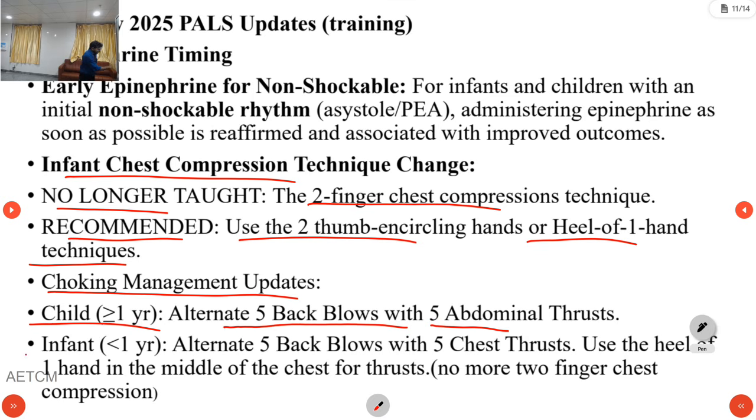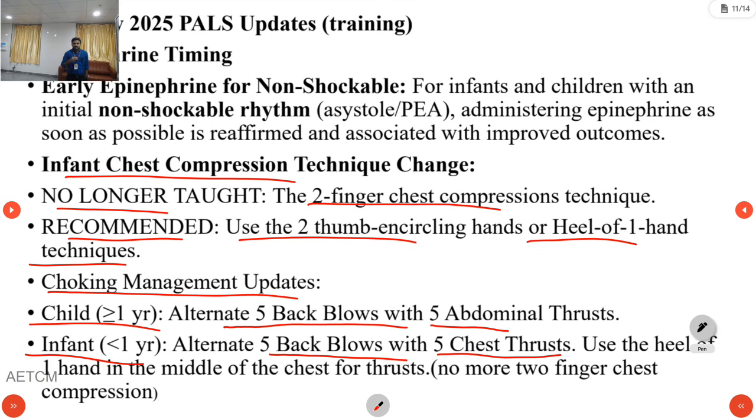And if you have an infant less than 1 year of age, you can perform 5 back blows and 5 chest thrusts. We know this already. In an infant, we perform 5 back blows, in the same position between the 2 shoulder blades, with the heel of your hand, followed by 5 chest thrusts.